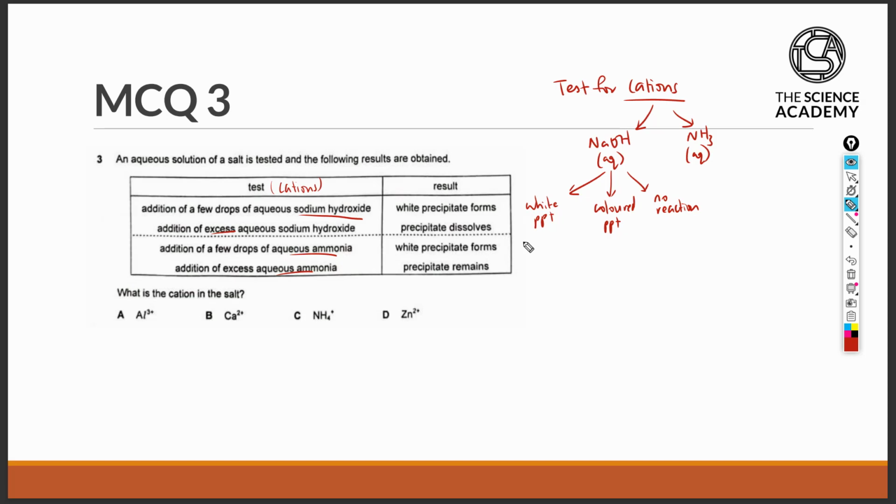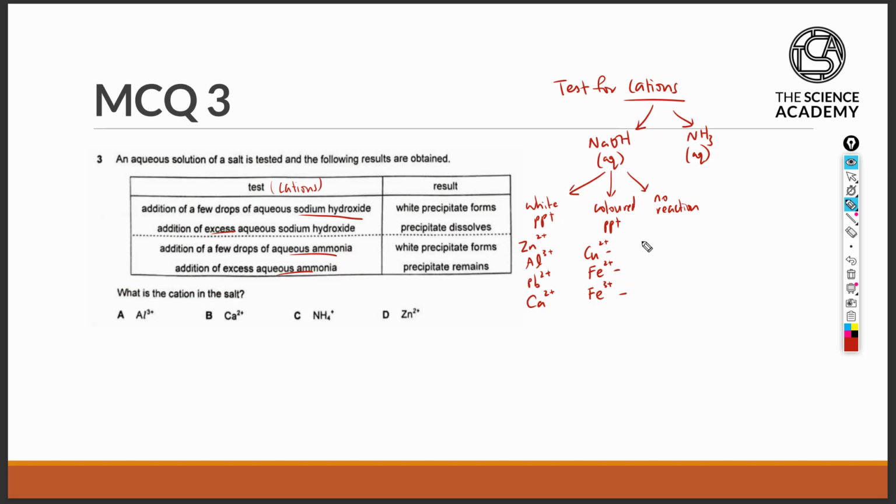The white precipitate form includes zinc ions, aluminium ions, lead-2 ions, as well as calcium ions. The colored precipitates, there are only 3: copper 2+, and the rest are iron ions, iron 2 and iron 3 ions.